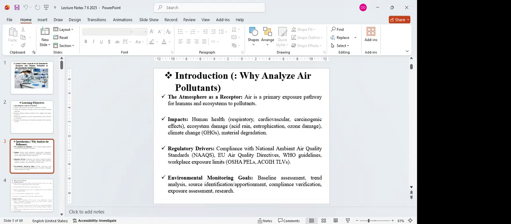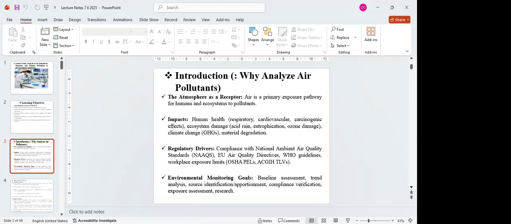Then, like mentioned yesterday, we have regulatory drivers, which are instituted authorities that carry out oversight function of what we have in the environment, how we handle them, and there are procedural means of identifying their presence and quality. Presence, quality, and quantity, as the case may be.